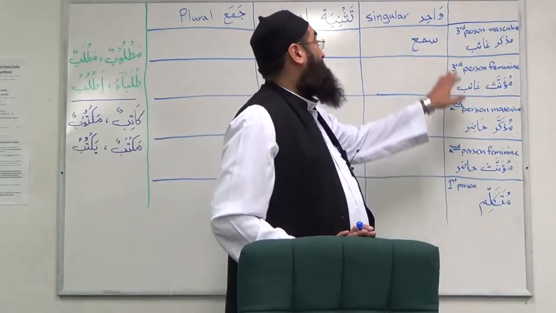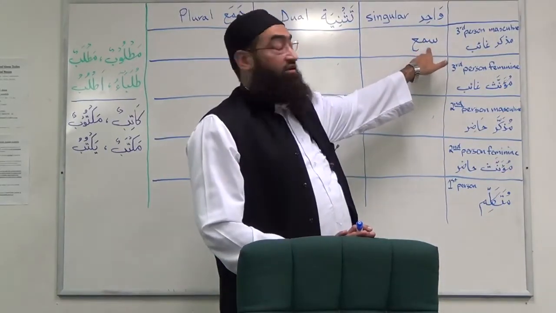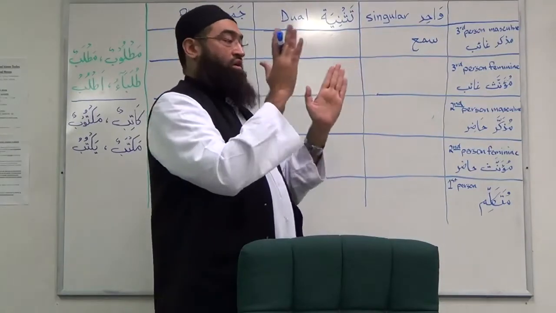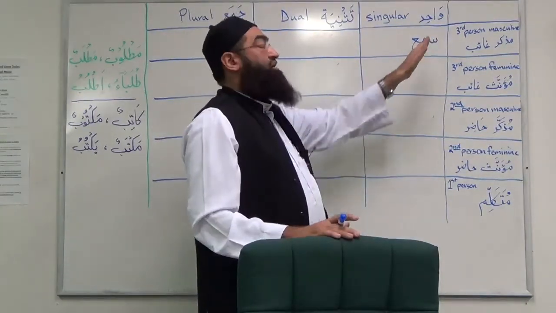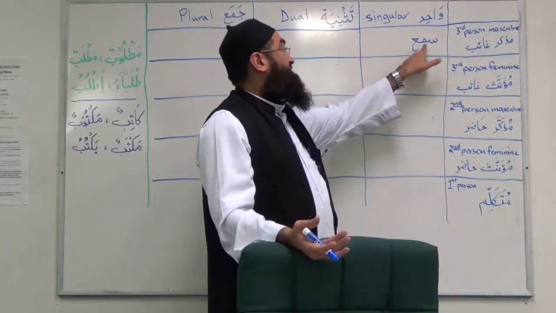But sometimes the ayn kalima has a kasra on it. Sometimes this ayn kalima, the middle letter, the second letter of the three root letters, is called the ayn kalima. This is in the ayn position.